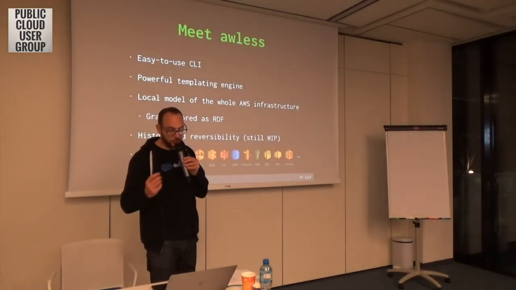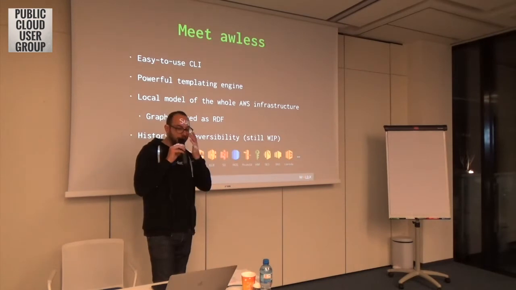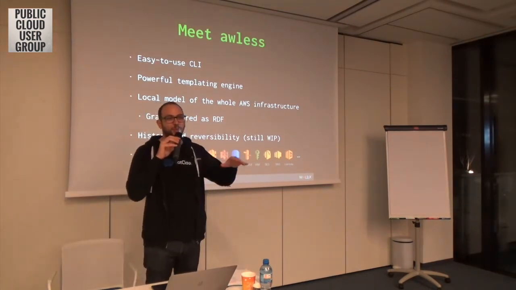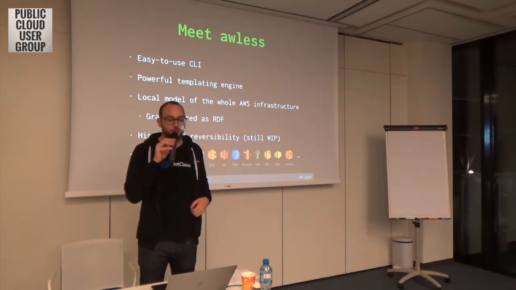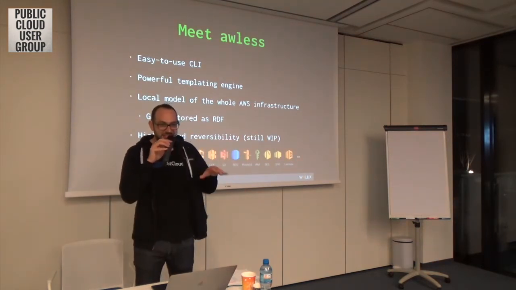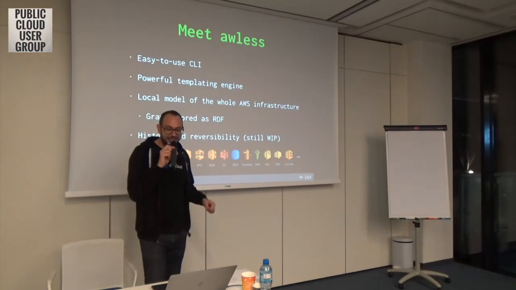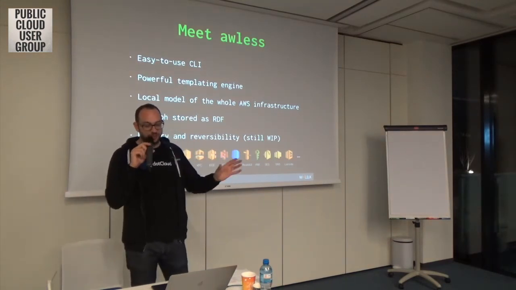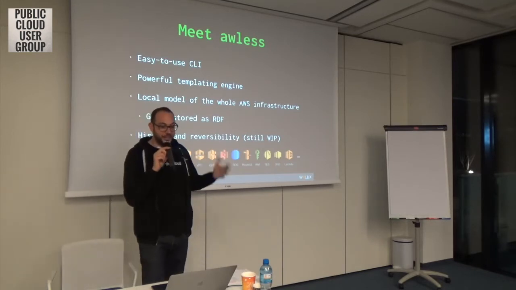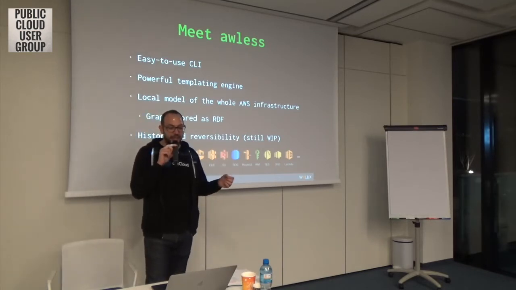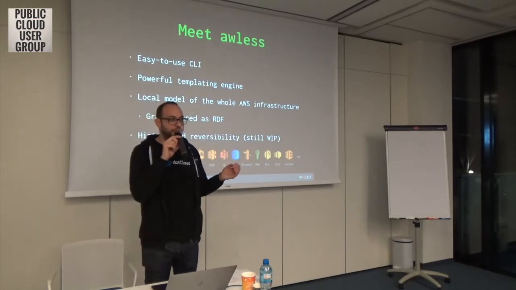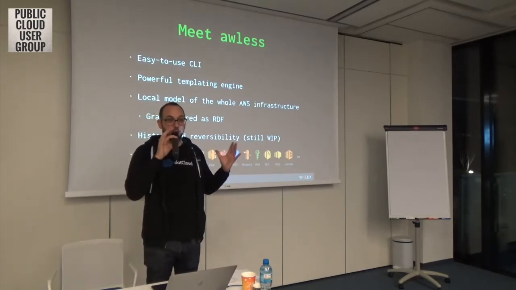So that's why we built AWLESS. It's a plain word from old English, AWLESS, which does not exist much nowadays, a bit the contrary of awe. It's an easy-to-use CLI with a built-in templating engine, which keeps a local model of the graph of your cloud infrastructure.